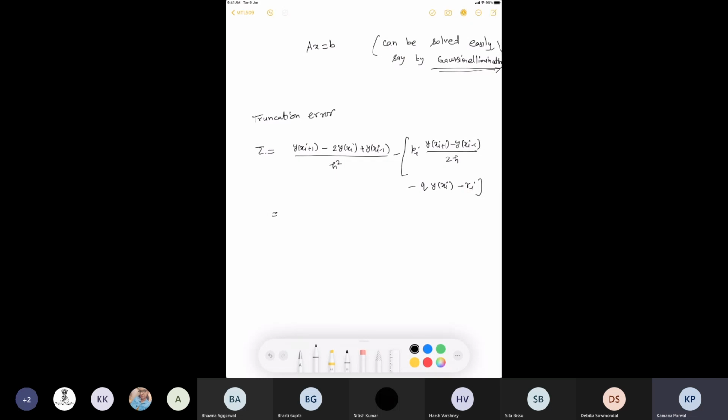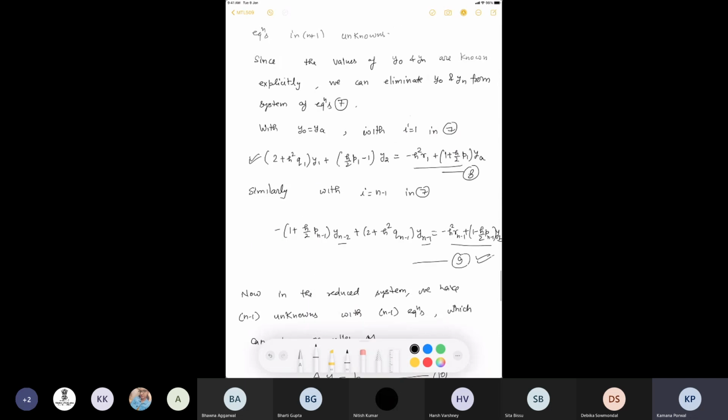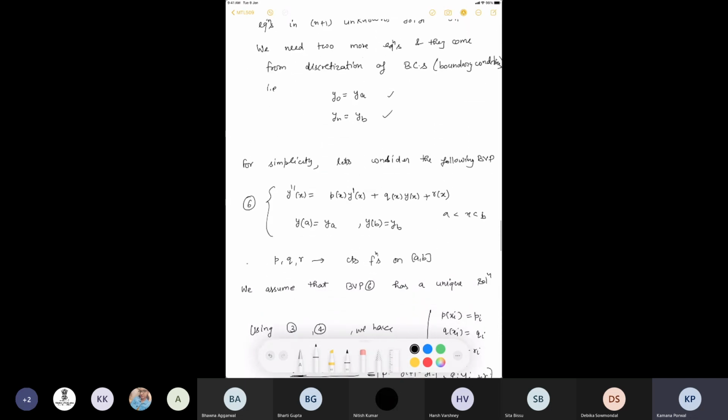So we can further simplify this, because we know that this term, q_i times y at x_i minus r_i, I can use from the differential equation. So what is the differential equation? Y double prime equals, we have named the equation number 6.